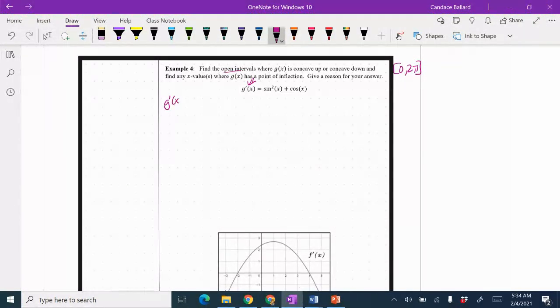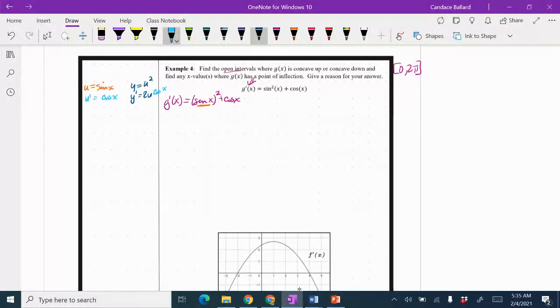So g prime of x equals sine of x squared plus cosine x. I have a chain rule with trig. Isn't that exciting? So u equals sine x, which means that u prime equals cosine x. I'm going to call it y equals u squared, so y prime would be 2u times the cosine of x.